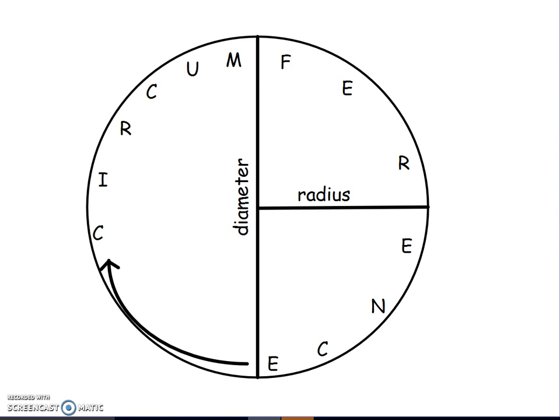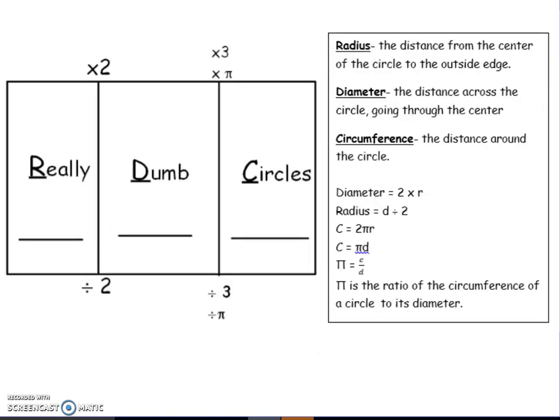We're going to have a strategy that helps us, and it's called really dumb circles. To go from the radius to the diameter, we are going to multiply by 2.